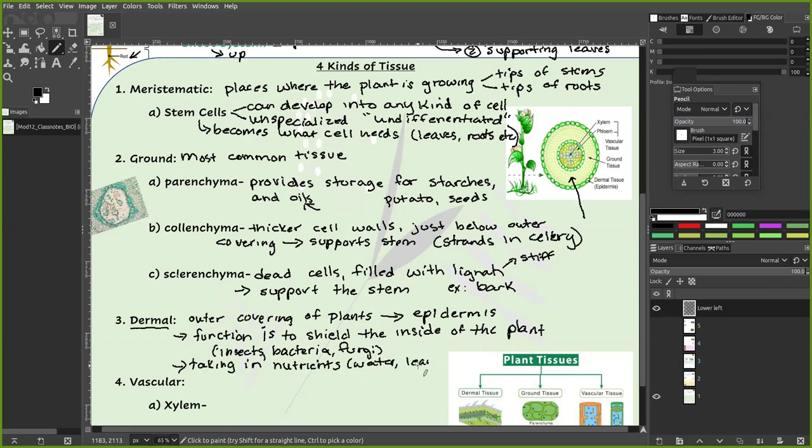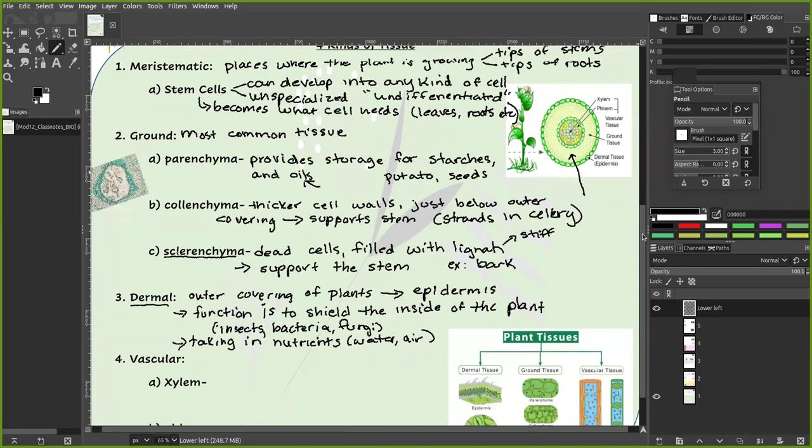We'll put nutrients there. Water, air. So it kind of is the gateway to the plant. It controls this. Sclerenchyma is not able to control what comes in and out. It is dead. The dermal tissue is able to control that.